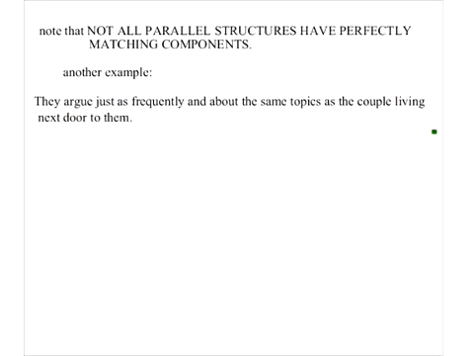In this case, your parallel tag is still "and." But let me show you what the parallel structures are. That's the right-hand one. Remember, you go from right to left. "About the same topics." The left-hand parallel construction is "just as frequently."